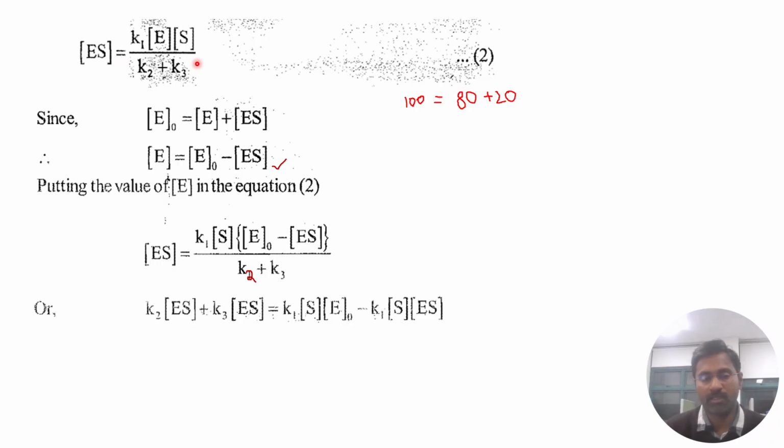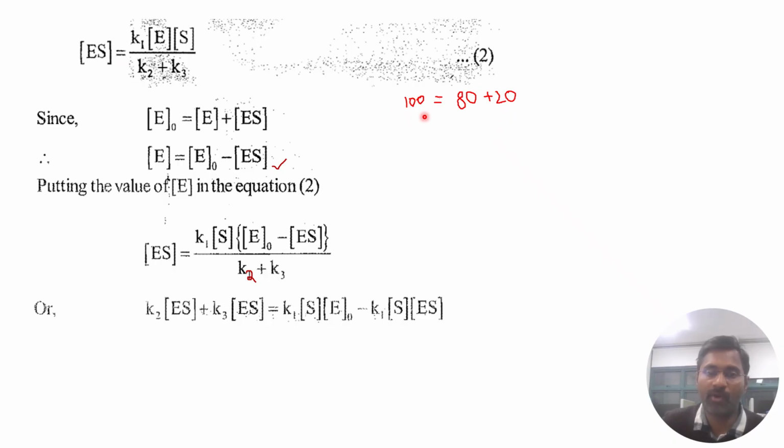So we can write the total concentration of enzyme as enzyme reacted plus enzyme unreacted. Enzyme reacted is the ES substrate complex, enzyme unreacted is E. It is similar to taking 100 molecules of enzyme in the reaction, where 80 are reacting and 20 are non-reacting.